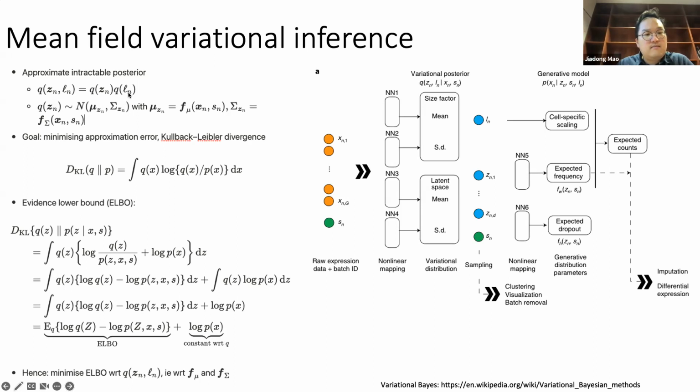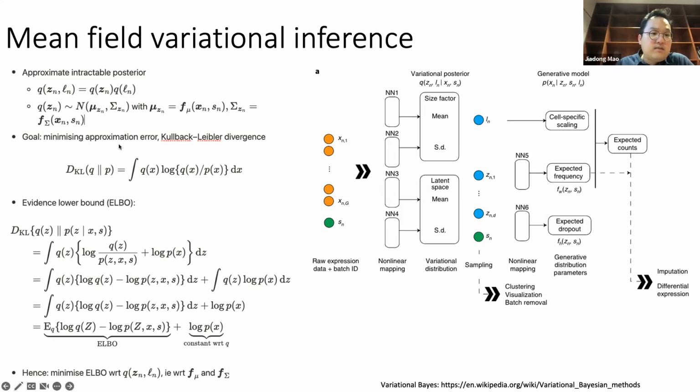We assume the posterior distribution of Ln follows a log normal. So we use a simpler, easier to compute distribution to approximate the more complex, intractable, much more difficult to compute exact posterior distribution.